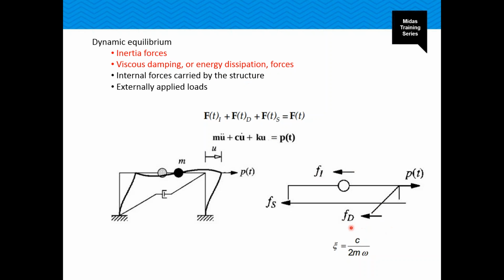The inertia force is determined as the product of mass and acceleration, and the magnitude of the damping force is proportional to the velocity of the vibrating mass. We need to know more about the damping. What is damping? The process by which free vibration steadily diminishes in amplitude is called damping.